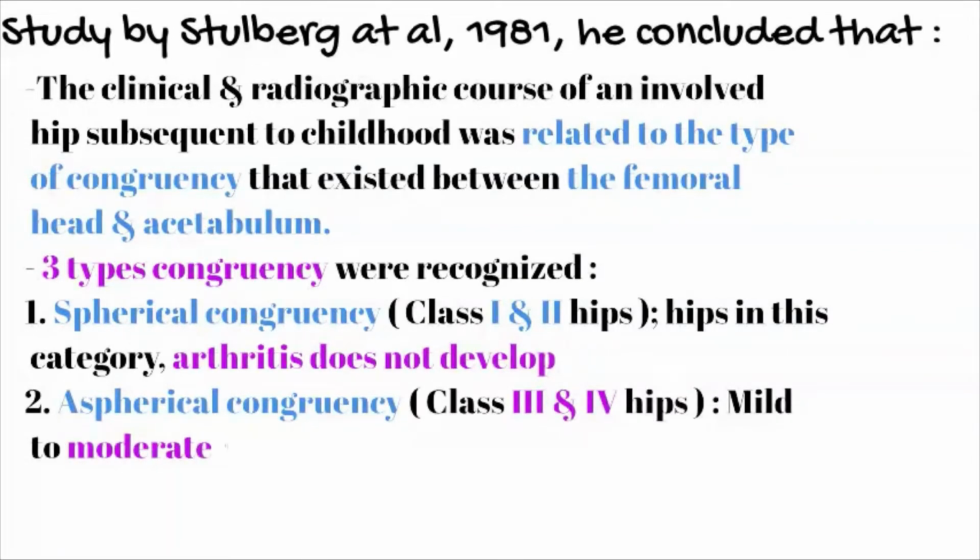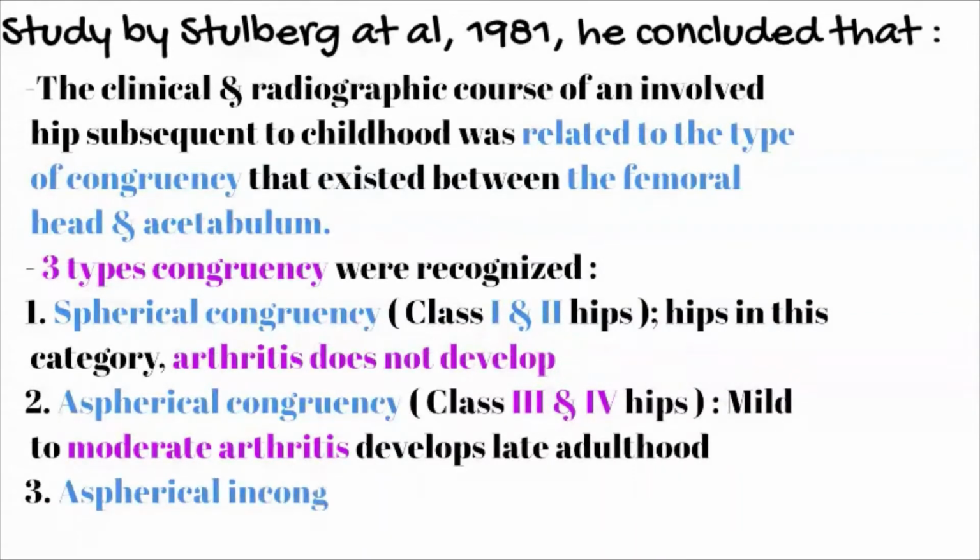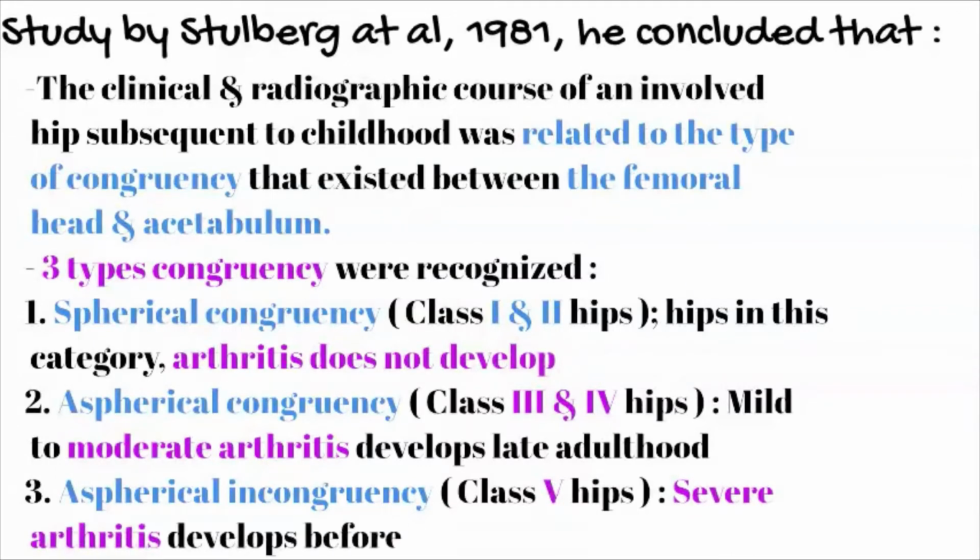In this category, arthritis does not develop. Number 2, aspherical congruency, class 3 and 4 hips. Mild to moderate arthritis develops in late adulthood in this hip. Number 3, aspherical incongruency in class 5 hips, whereby severe arthritis develops before the age of 50 years old.